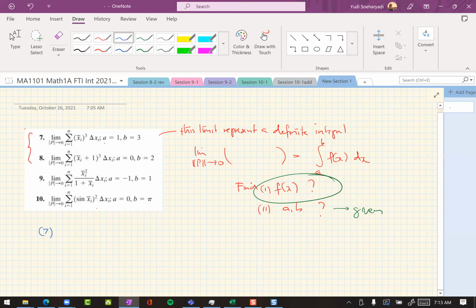So we need a subdivision of the interval from a to b, from 1 to 3. So the length is 2. And we divide it into n parts, because you look at the summations.